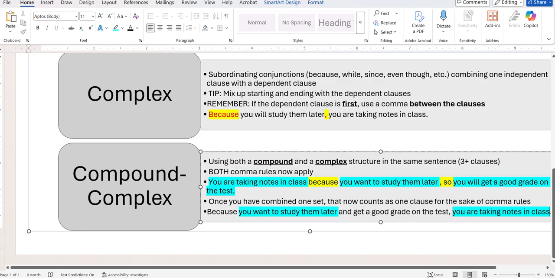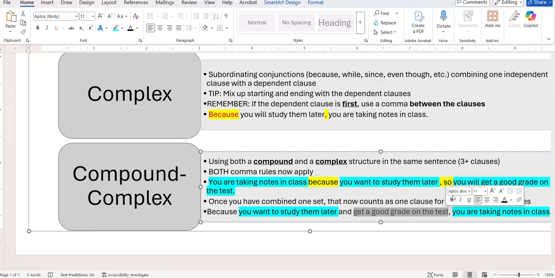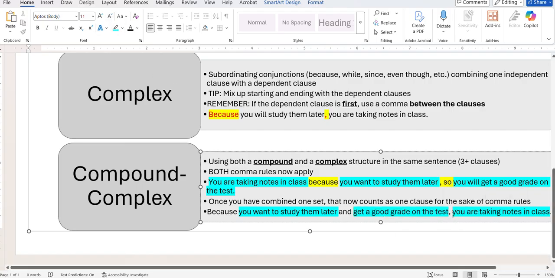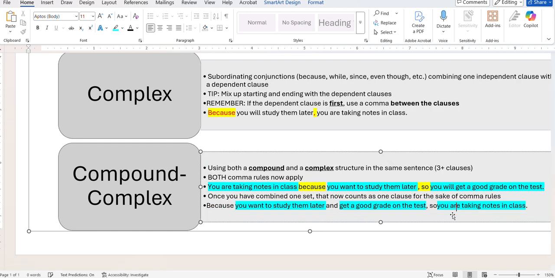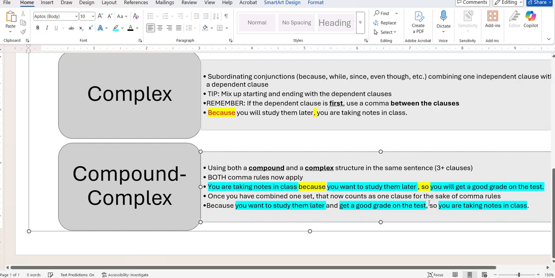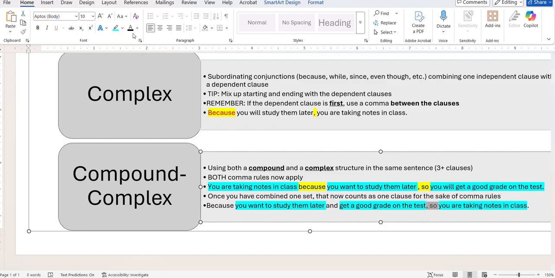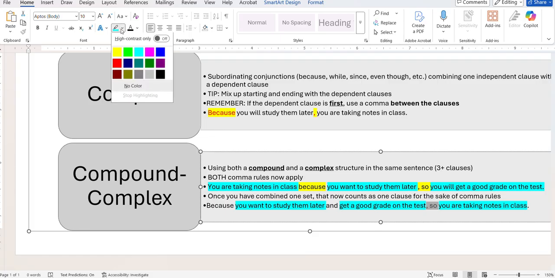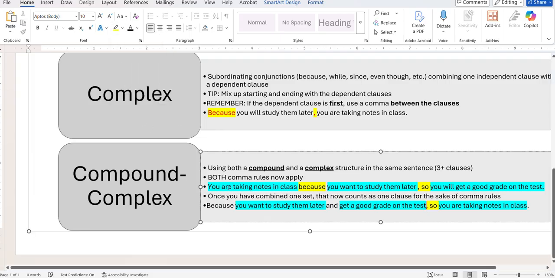But now, get a good grade on the test. I'm actually going to add a word there. So if you're still typing, put in the word so here. This one's going to have 2 fanboys. And highlight.